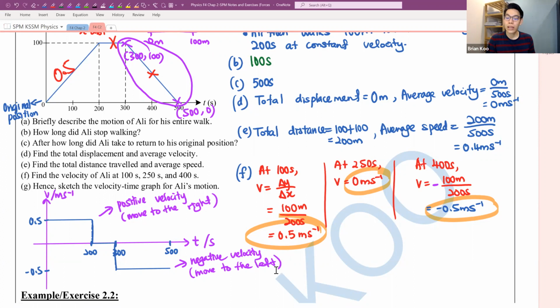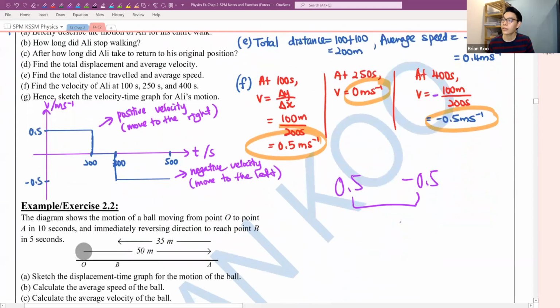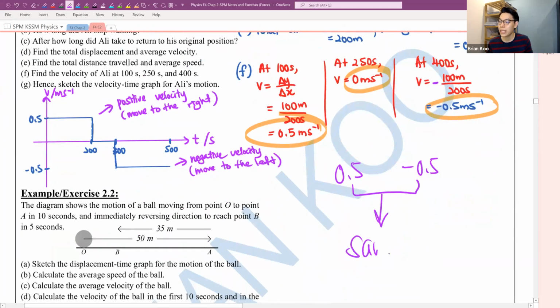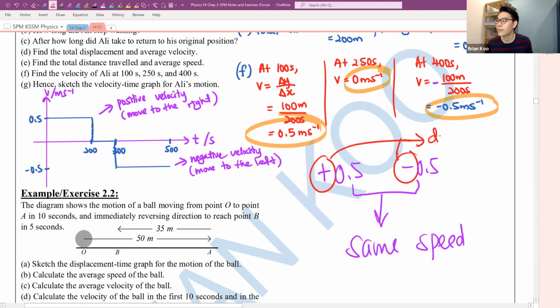Okay, so the values of positive 0.5 and negative 0.5, these two, same speed, but different direction. Same speed, but the plus and minus tells you that they are different direction.